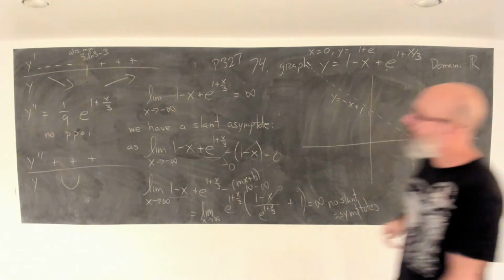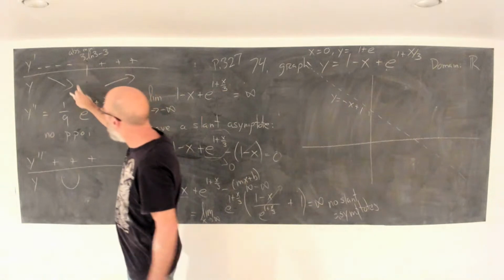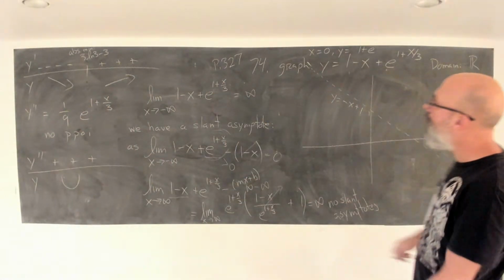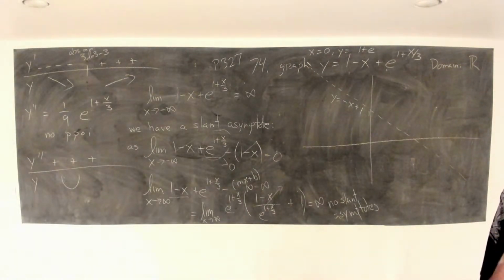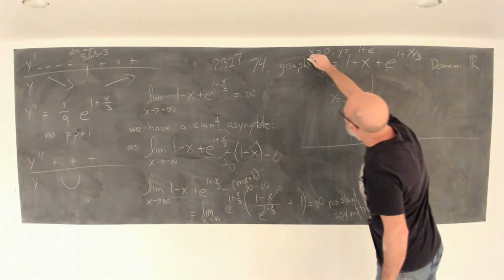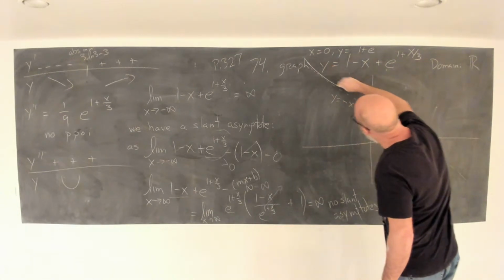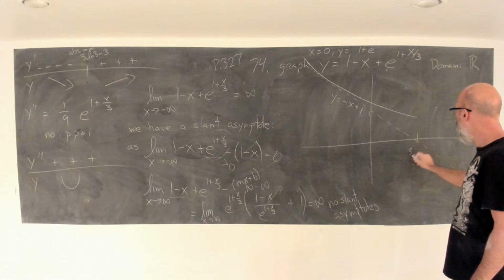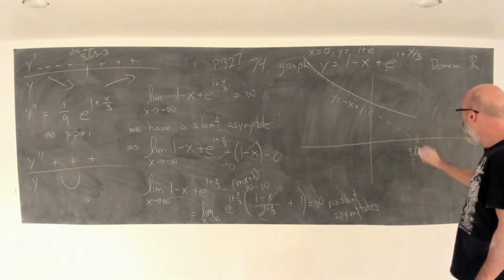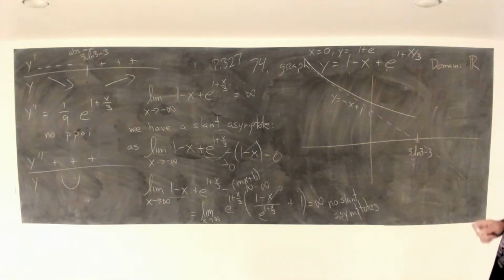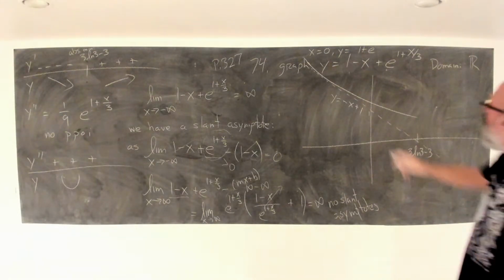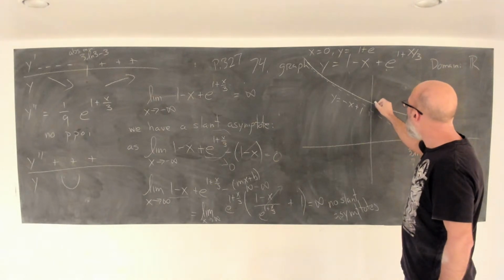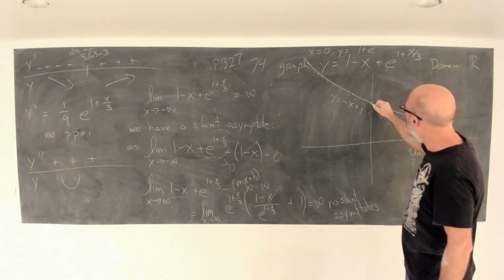All right, what's happening? We are decreasing, concave up, all the way to 3 ln 3 minus 3. And here we are at 1 plus e, the y-intercept.